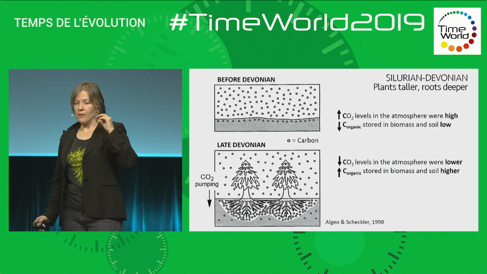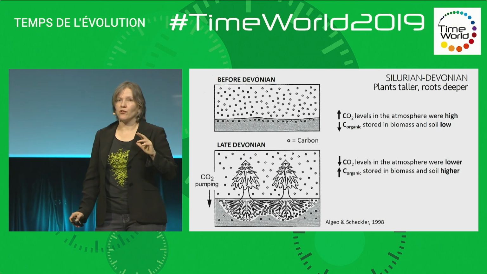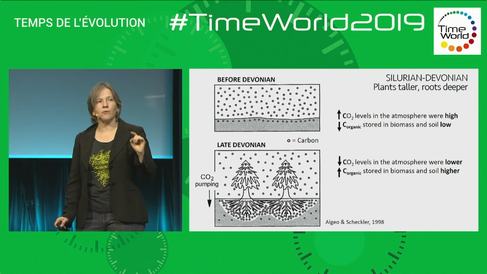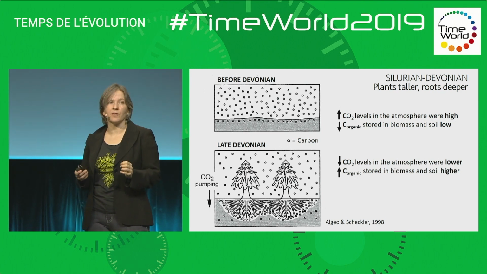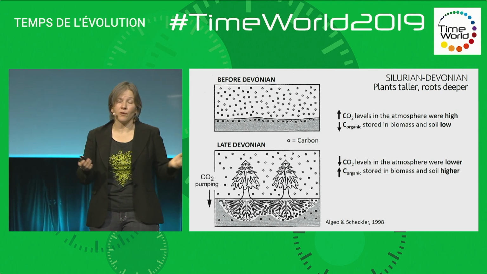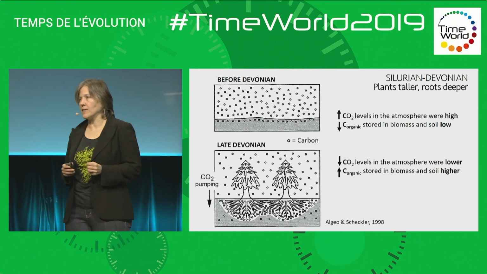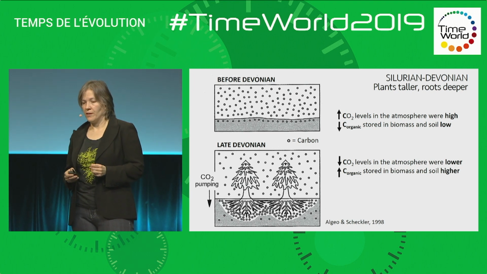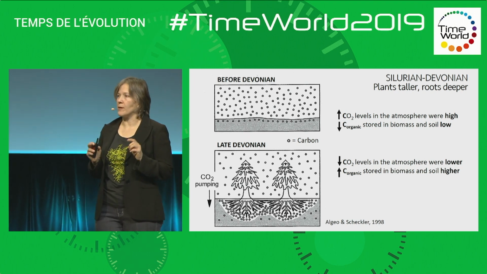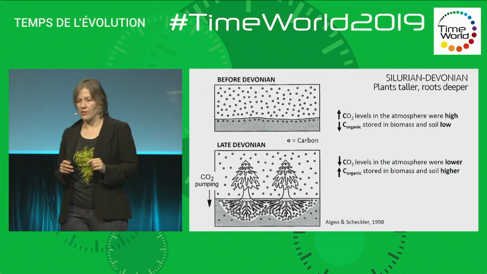So this diagram shows what I'm now going to talk about. You will see that plants did not only have an effect on the animals that lived in the eventual forest, but that they also had a big effect on the atmosphere and on the soil. These are relatively simple diagrams, but they get the message across.